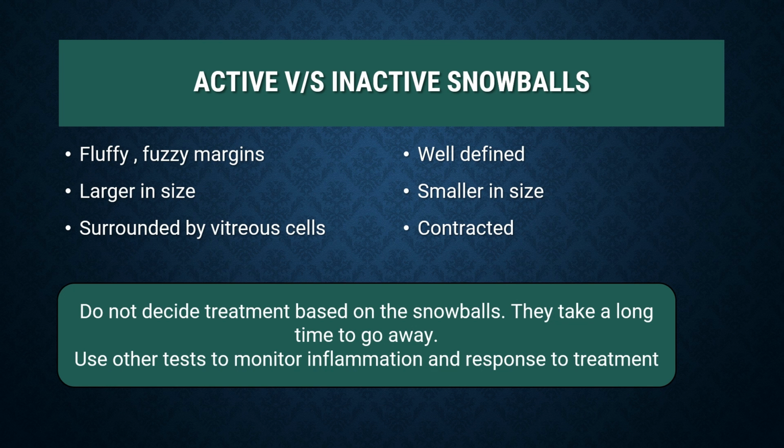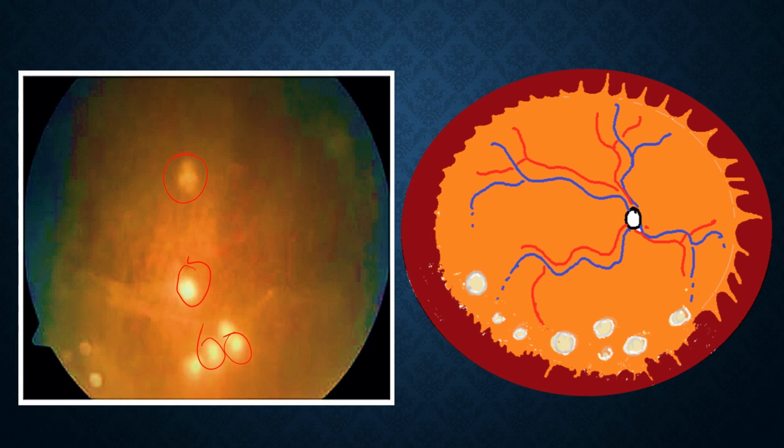So there's a way you can differentiate between the active snowballs and inactive snowballs. Active snowballs mean that the inflammation is active, that means you have active inflammation going on. The snowballs will have a different morphology. They will show very fluffy and fuzzy margins, quite similar to what you see in this diagram.